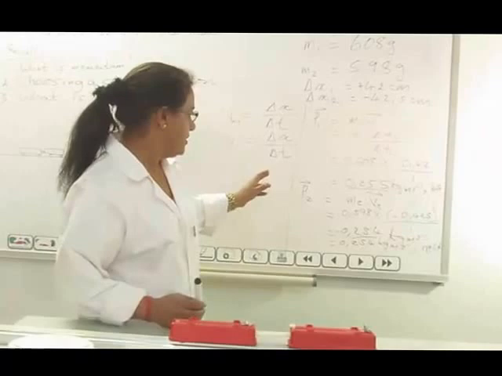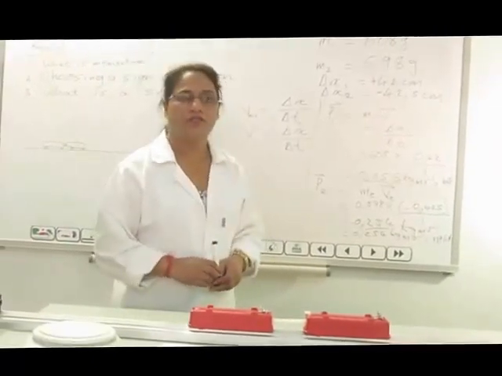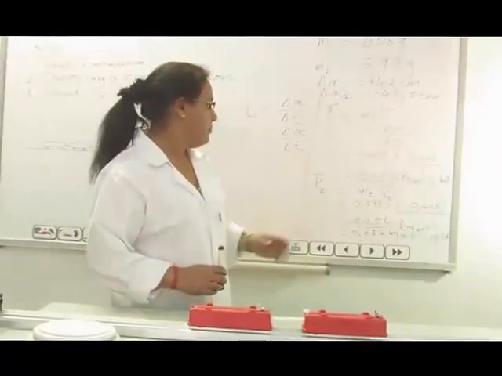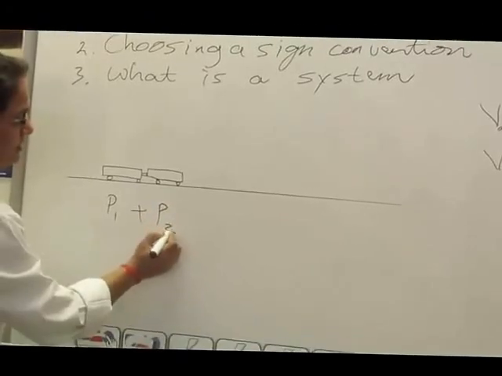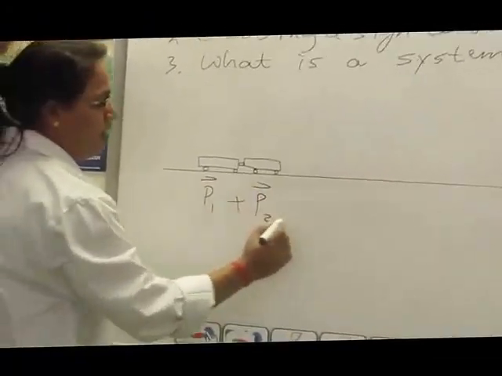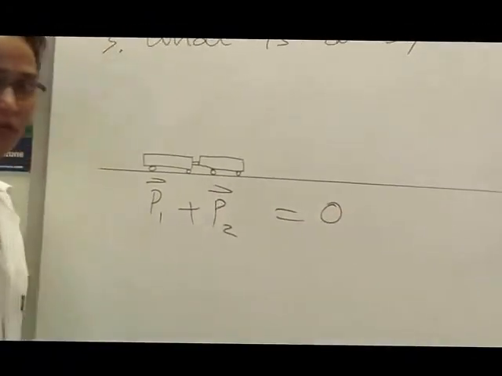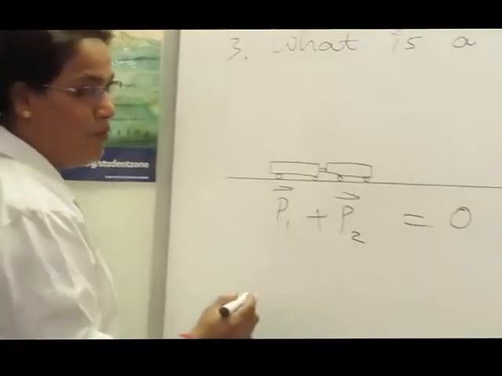But this accuracy is quite close for us in the classroom, and what we can see basically is that momentum 1 plus momentum 2 gives us 0, which was the initial momentum.